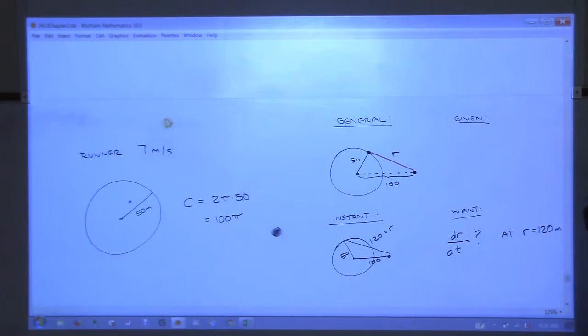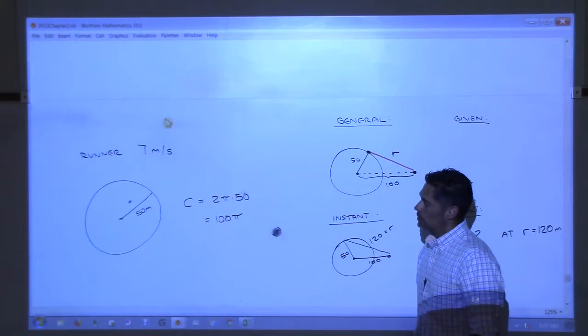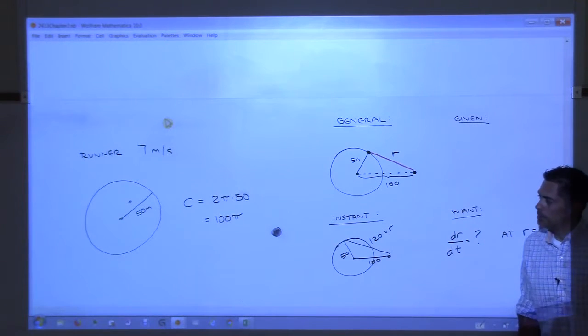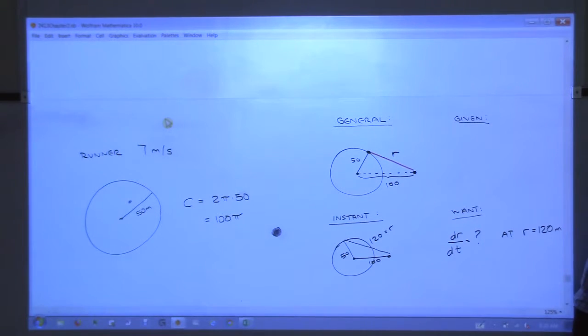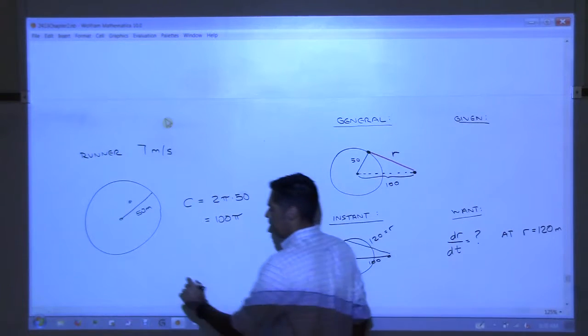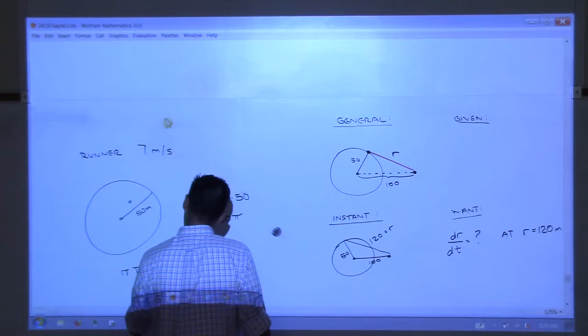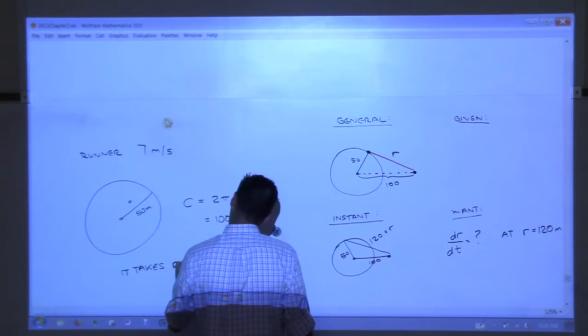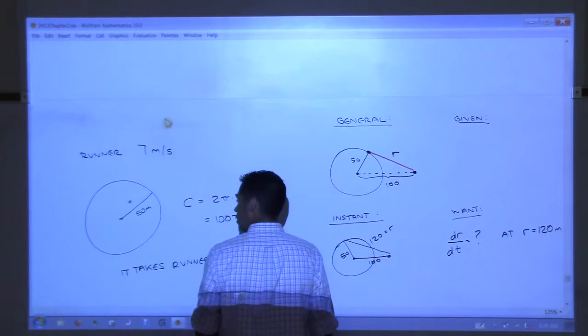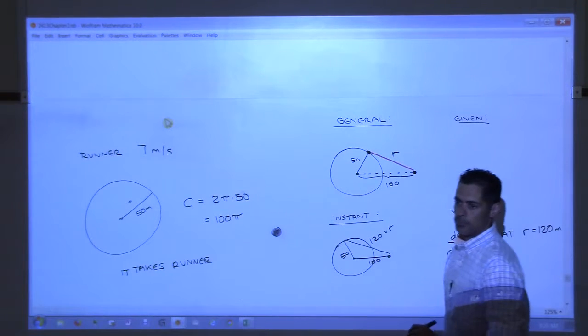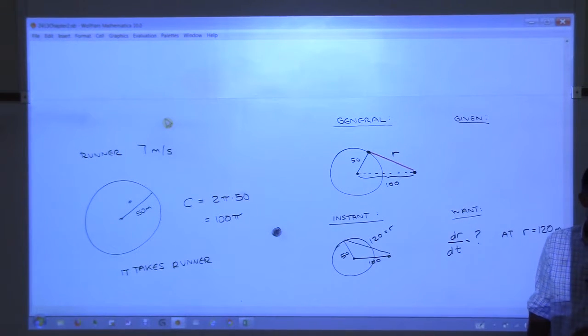Now, how does that help me? You can time how long it takes the runner. Okay, so how long will it take the runner to go around one time?